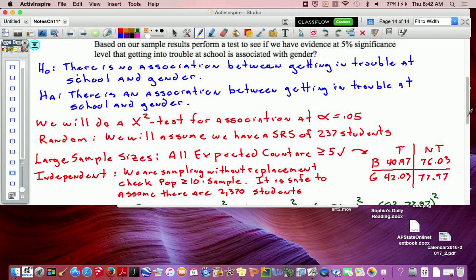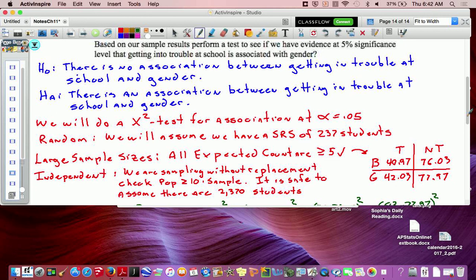We are sampling without replacement. Check to see if the population is greater than 10 times the sample. We're going to assume there's at least 2,370 students that we could have sampled here. Definitely the case since it didn't necessarily say at one school. We could be sampling from many schools across the metro area.